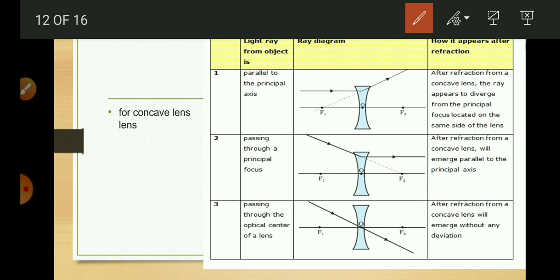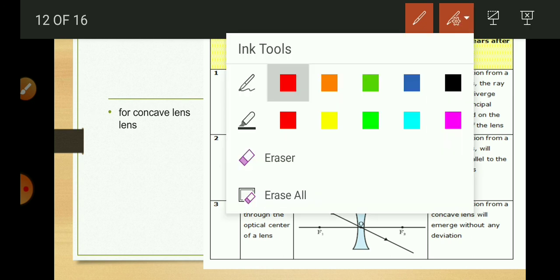Second rule is what? A ray of light going towards the focus, after refraction becomes parallel to the principal axis. So if a ray of light is directed towards the principal focus, that is F2, after refraction it goes parallel to the principal axis.